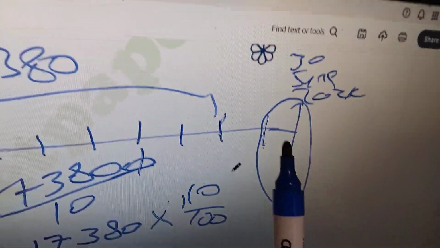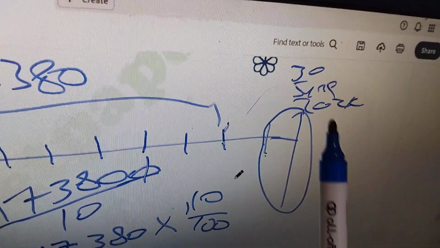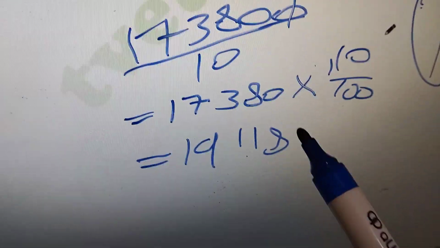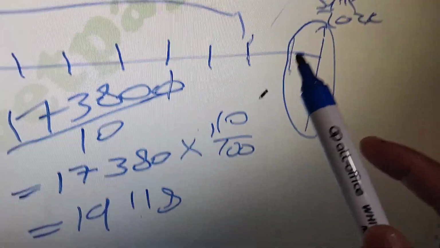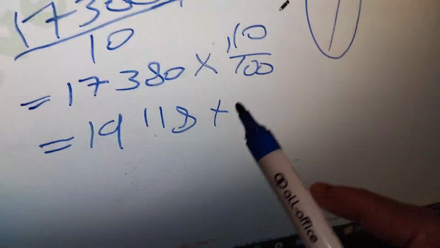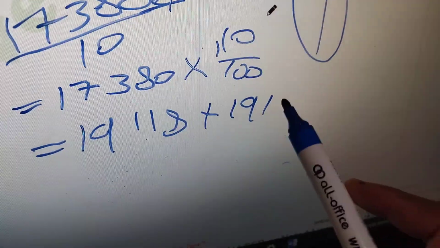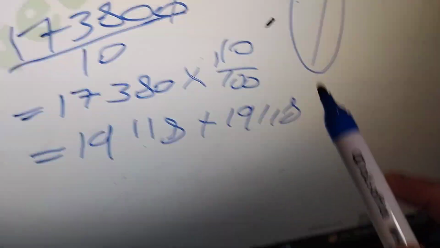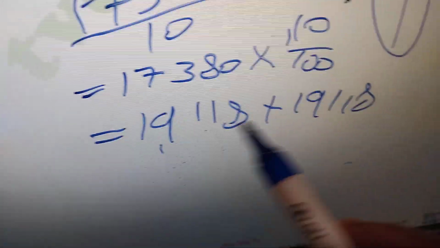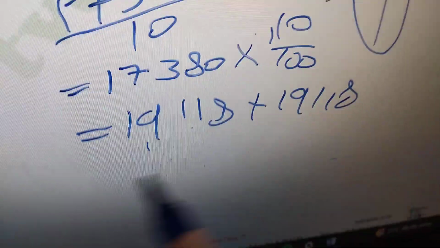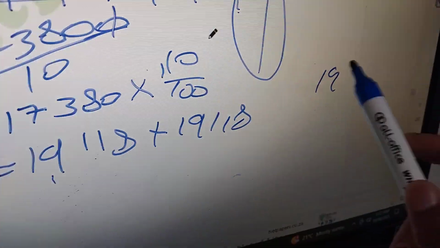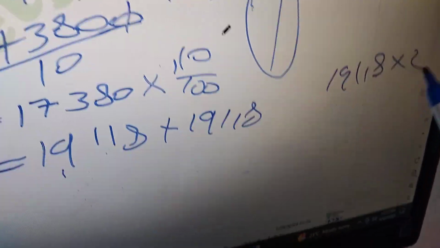And then basically, these are the 2 months that we are looking for. This 19,118 is for a month, for May. Plus 19,118 again, this is May, this is June. Or you can even say 19,118 multiplied by 2.